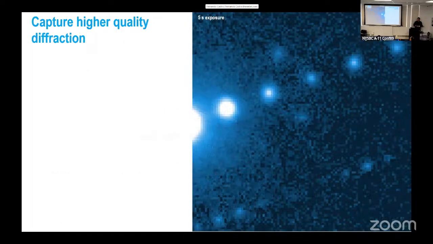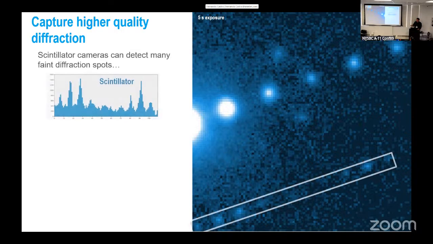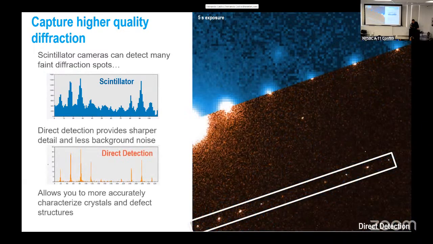So one of the benefits that you get out of diffraction when you're doing a MicroED experiment with a direct detection camera is sharpness of spots. This diffraction pattern here is from a zeolite material. This image was collected with a scintillator camera, and so we can take a line profile of these spots and see some spots visually and in the line profile.